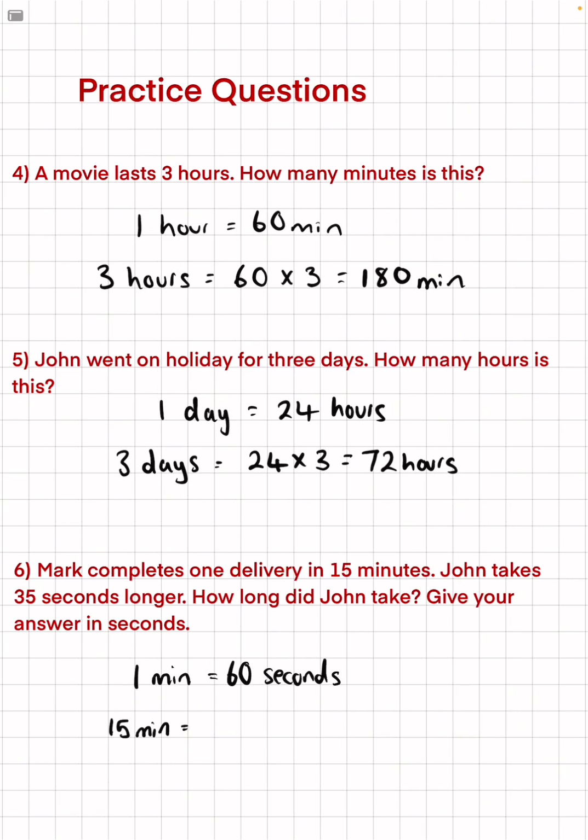Because we're going from big units to small units, we need to multiply 60 multiplied by 15, which equals 900 seconds. John takes an additional 35 seconds, so we can add 900, add 35, which equals 935 seconds. So John takes 935 seconds.